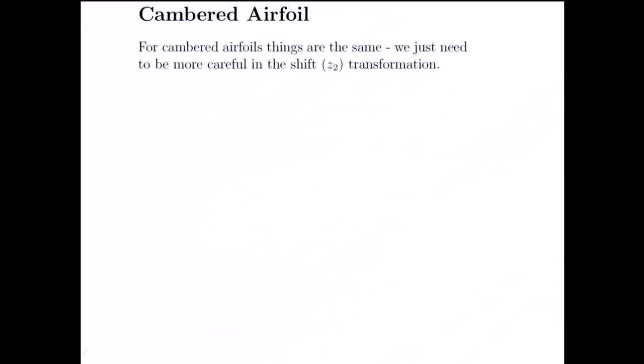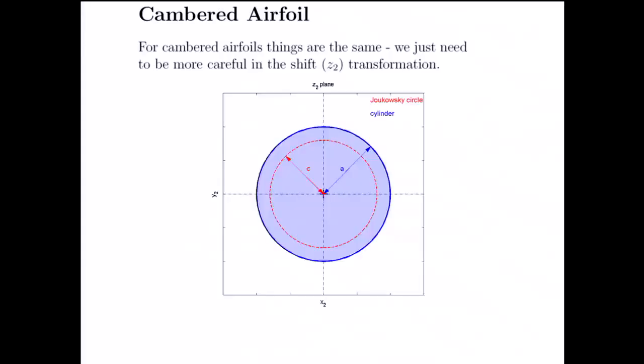Okay, so the last part of this lecture is we want to show you how to calculate the velocity for cambered airfoil. This is very similar to the symmetrical airfoil, but you just have one more step to do before performing the Joukowsky transformation.